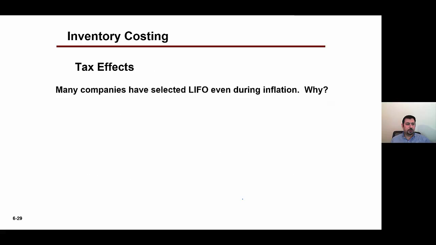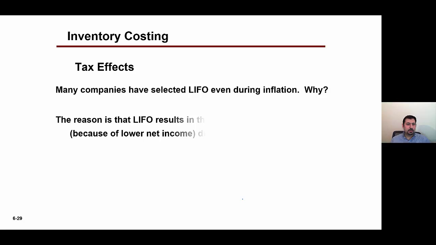Well, we get to the third effect, and that is the tax effect. So why do companies select LIFO even during inflation? The reason is that companies don't like to pay income taxes, and income taxes are the lowest when the net income itself is the lowest.